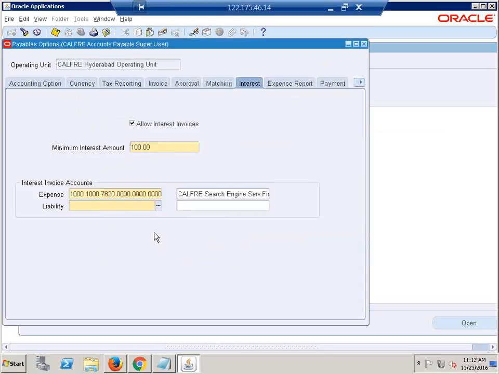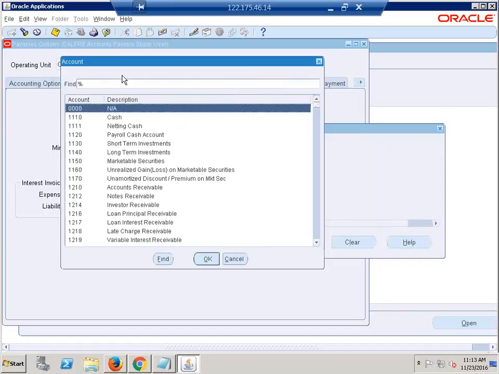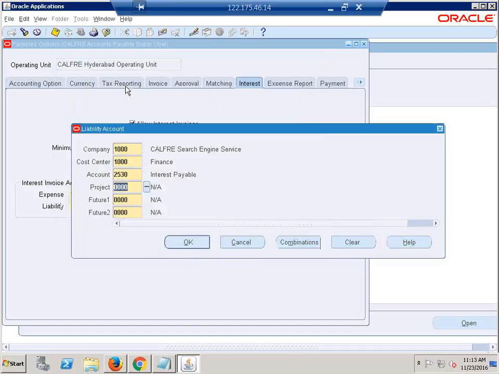Liability means interest liability or interest payable. Actually, the account name they have given is Interest Payable. Select it. Okay, Interest Payable. Say OK.